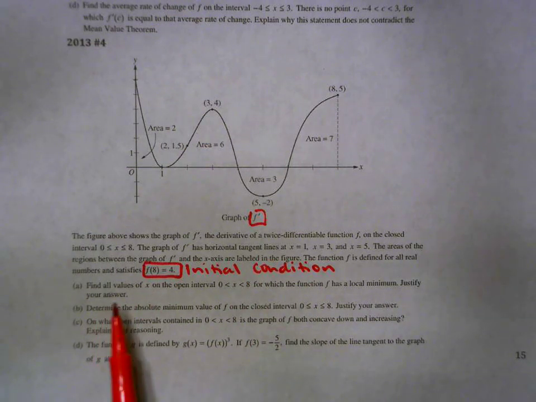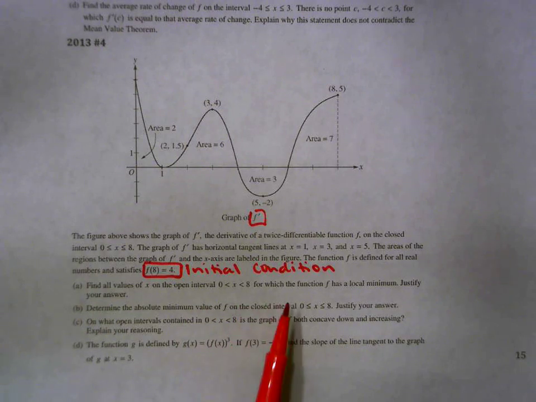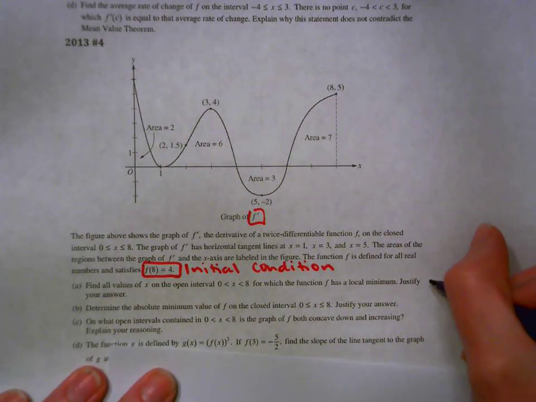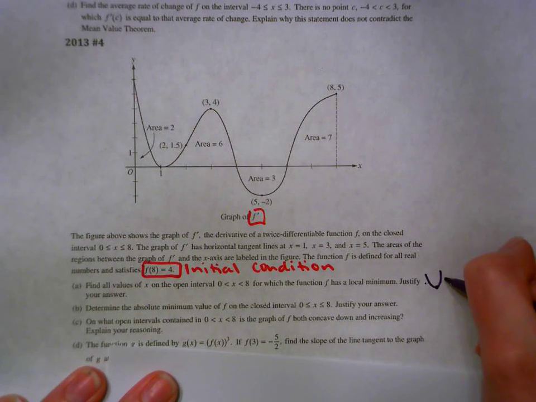Part A says find all values of x on the open interval where the function f has a local minimum. So where do you have a local minimum? If you draw a minimum, it might help. The slope at a minimum switches from negative to positive.